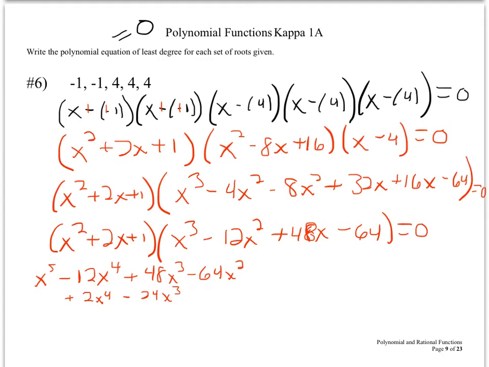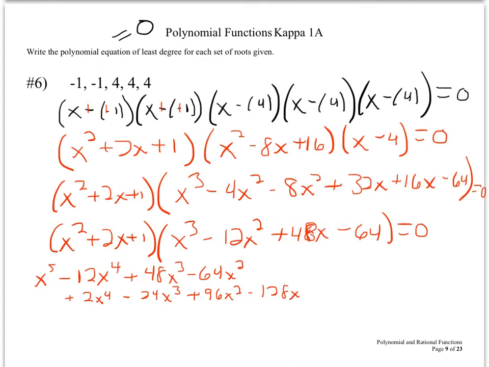Write it underneath if it's a like term. 2x times 48x would be 96x squared, positive. And then 2x times a minus 64 is a minus 128x.